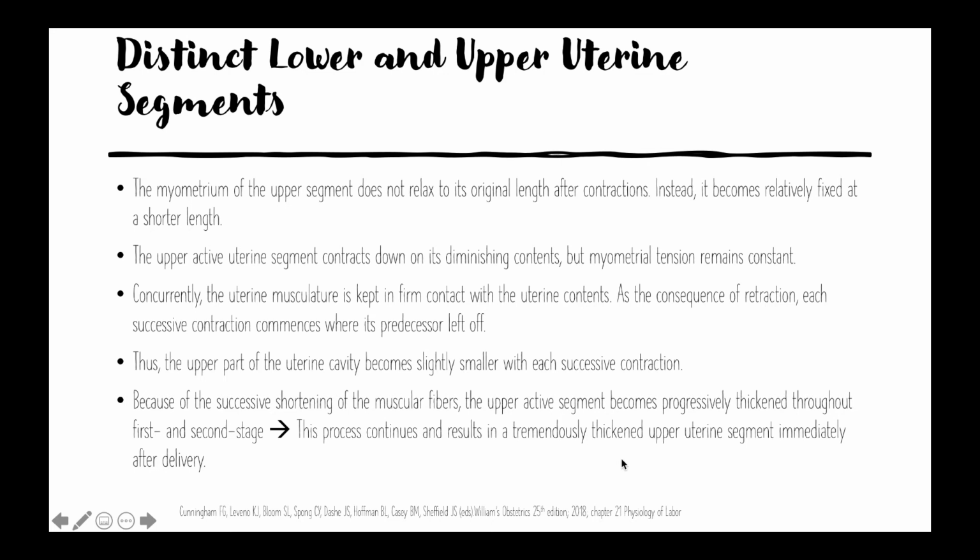And because of the successive shortening of the muscle fibers, the upper active segment of the uterus becomes progressively thickened throughout the first and second stage. This process continues and results in a tremendously thickened upper uterine segment immediately after delivery.